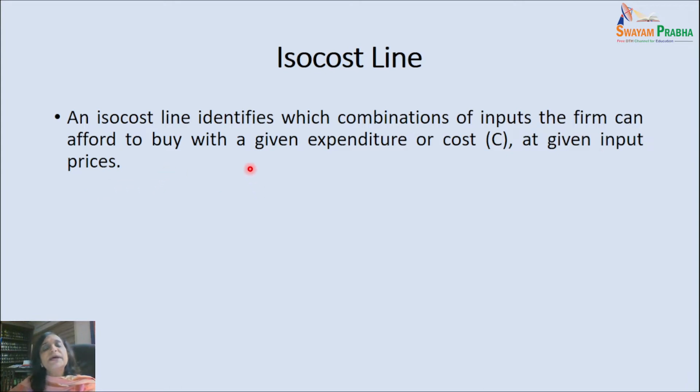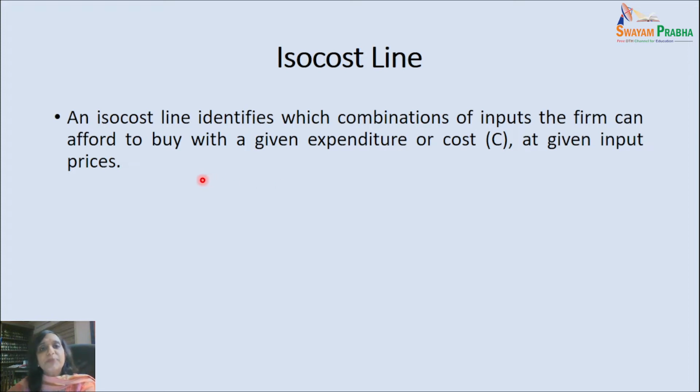That is, if the prices of inputs are given to you, let us say if a firm is engaging labor and capital, the price of labor is given to you because we are saying that it is a small firm which is unable to change the prices of the inputs which it is buying from the market or hiring from the market.